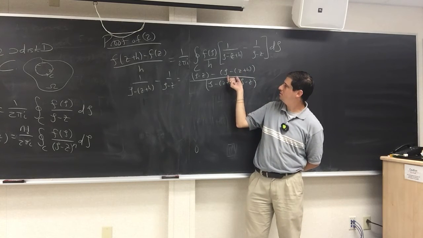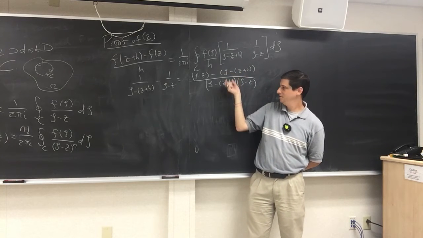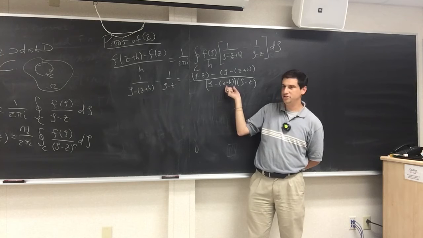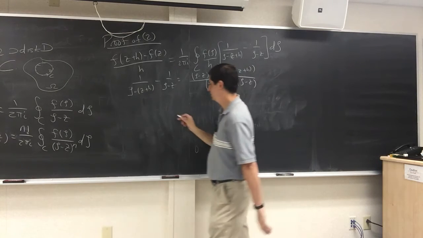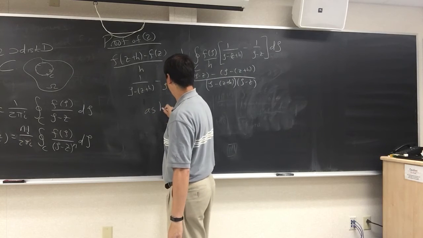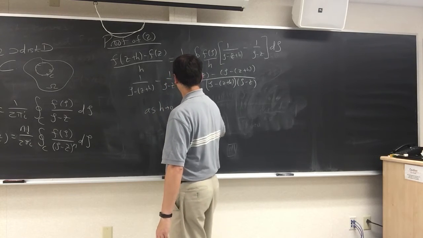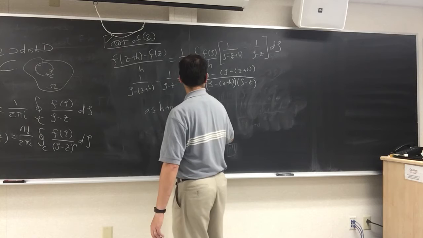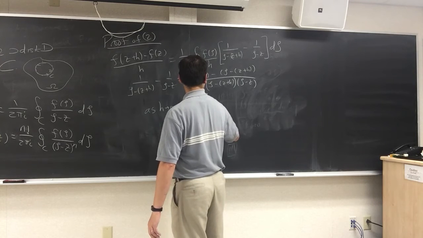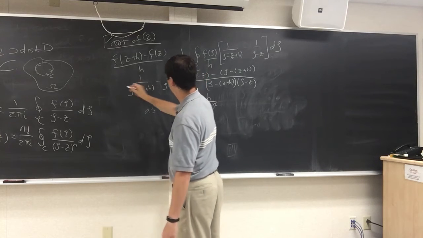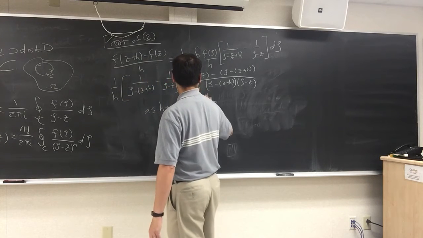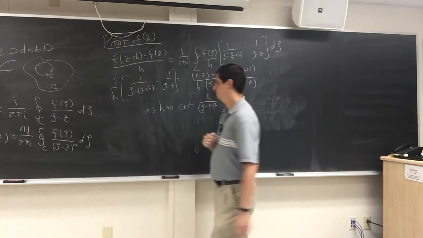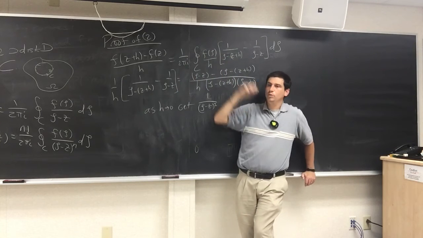The top just becomes h. And the bottom, as h goes to 0, is going to become (zeta - z) squared. So as h goes to 0, we get h over (zeta - z) squared. And so actually, let me put in the 1 over h here so that will cancel. And that's exactly what we wanted.